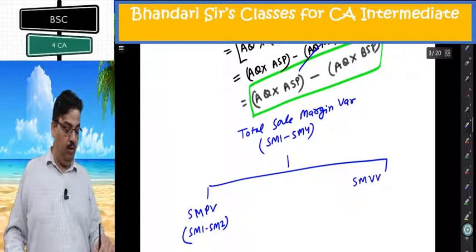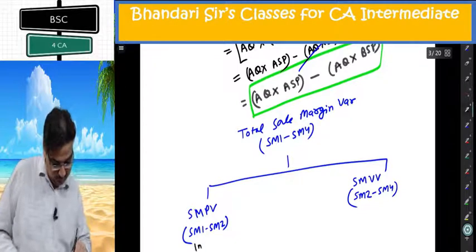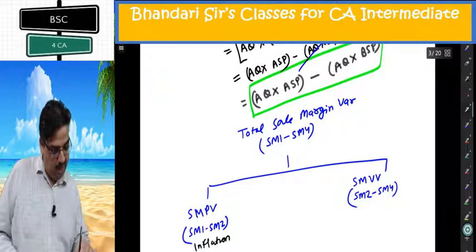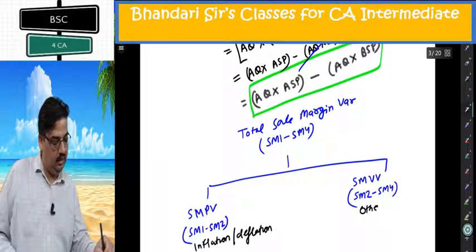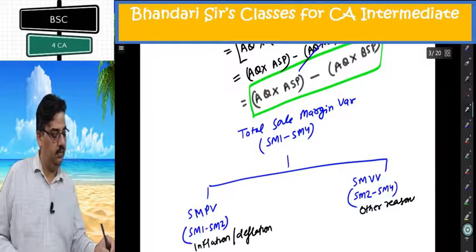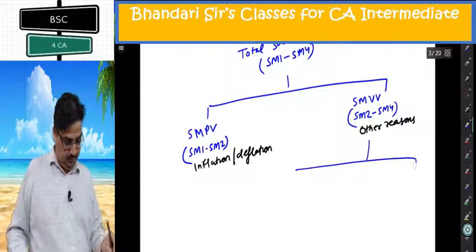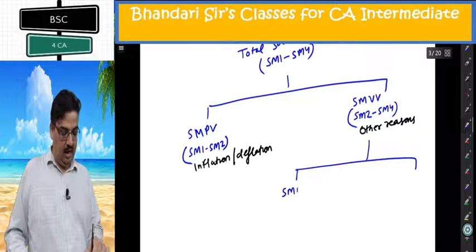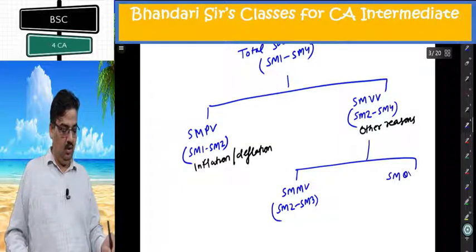Sale margin volume variance, other than price, SM2 minus SM4. This is other than inflation, deflation, other reasons. Further classified as sale margin mix variance, 2 minus 3, and quantity variance, 3 minus 4.